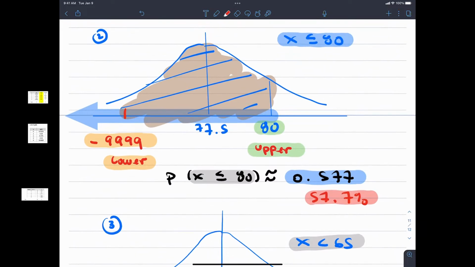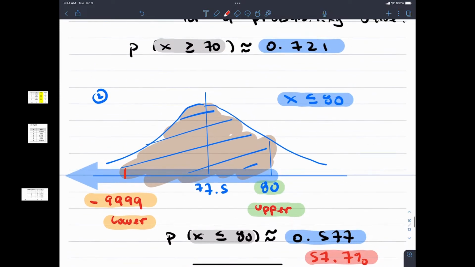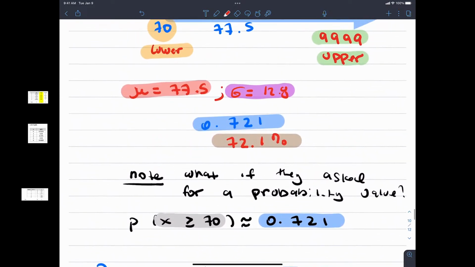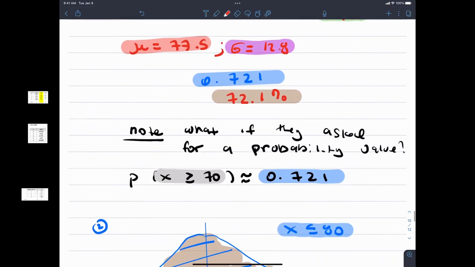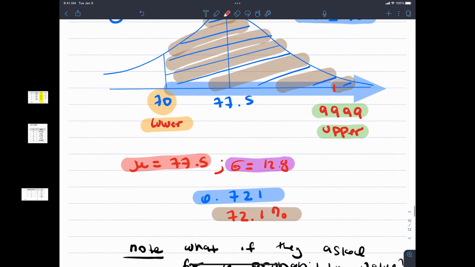No more than 80. Oh, about 57.7%. And then what is this? At least 70. What do we find for at least 70? About 72.1% of the population lives to an age that is at least 70 years of age.